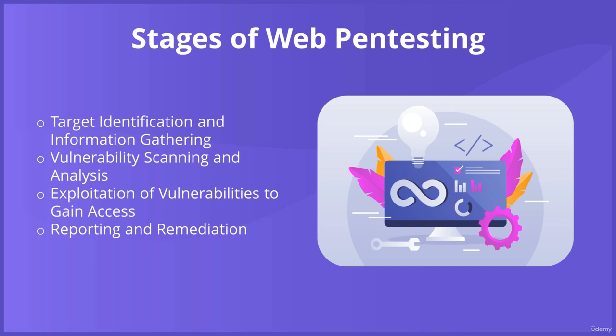So once vulnerabilities are identified, pen testers attempt to exploit them to gain unauthorized access or escalate privileges within that application. This may involve crafting malicious payloads, exploiting misconfigurations, or even bypassing security controls to achieve their objectives.